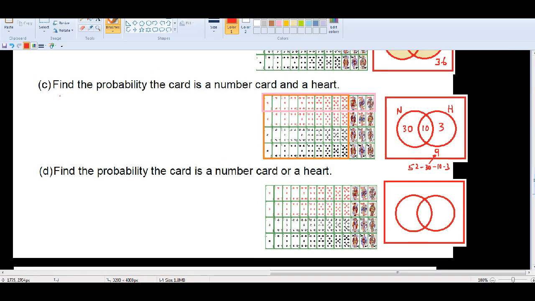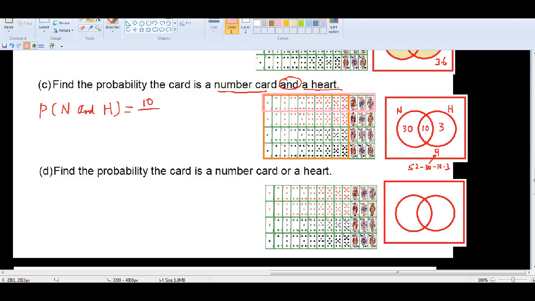Okay, so find the probability of a number card and a heart. Okay, so that should be the 10, right?